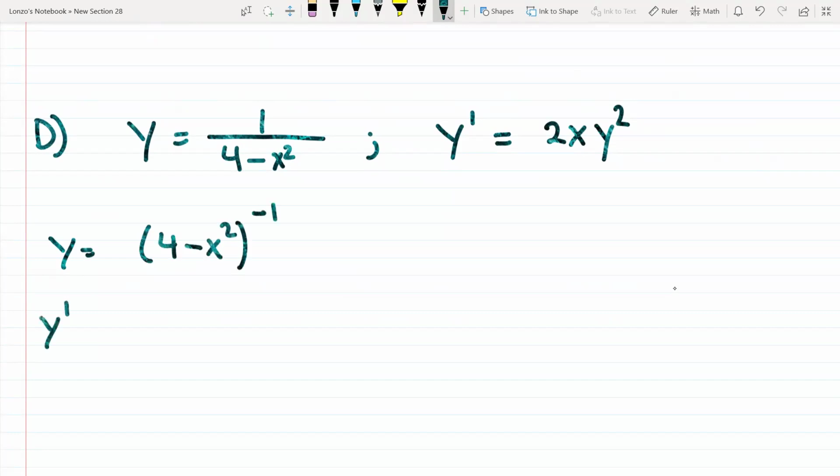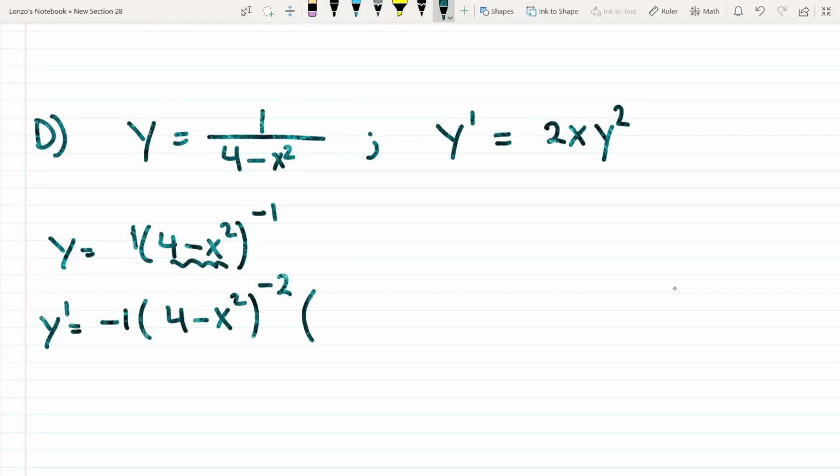How do you take the derivative? Use power rule and chain rule. So -1 times this coefficient, which is 1, so 1 times -1 is -1. Leave the parentheses alone, and then the power is going to be old power -1 minus 1, which is -2, times the derivative of the inside.